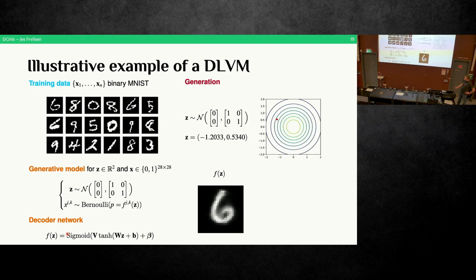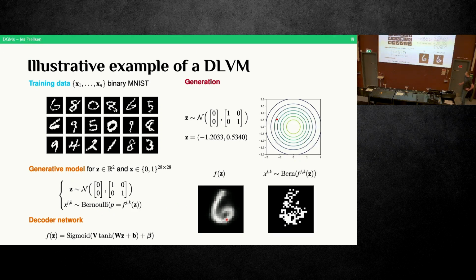So this is the output of the decoder network. And that's what we pop into this Bernoulli distribution, which means that we have to sample each pixel of this image independently. If I do that, then I get something that looks like this. It doesn't look as nice, but this is the output of the model. And I could do the same: I could sample another point up here, run it through my decoder, get this probability map, and then sample another image over here.